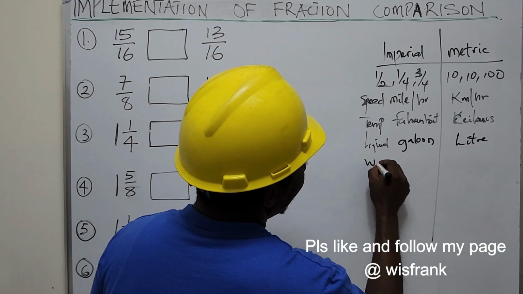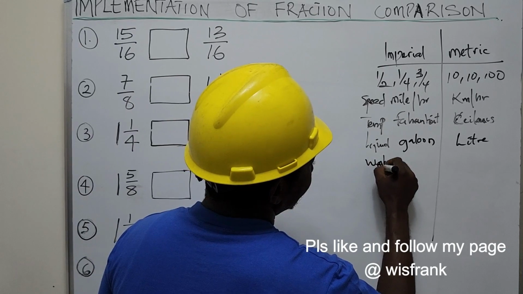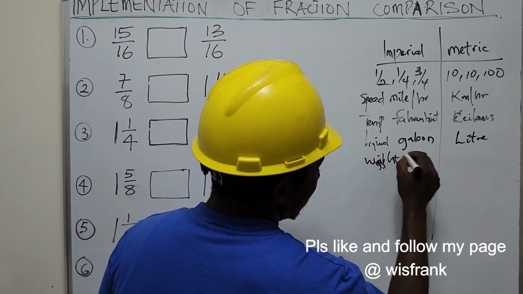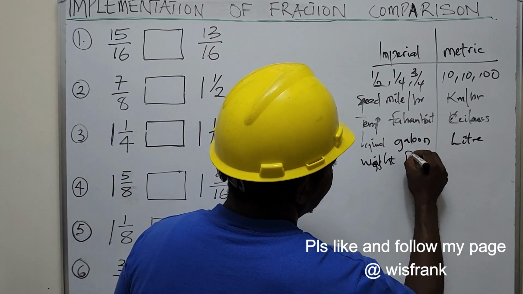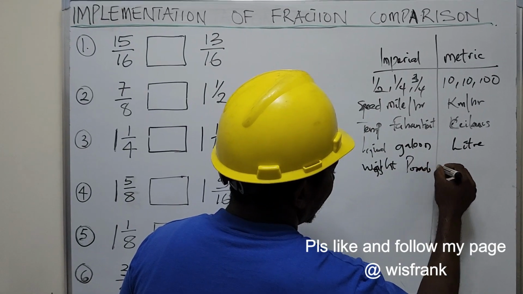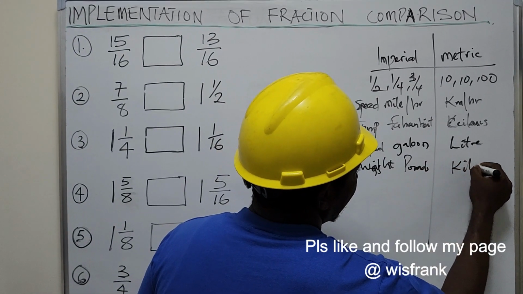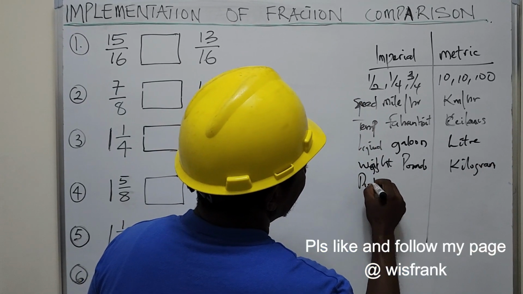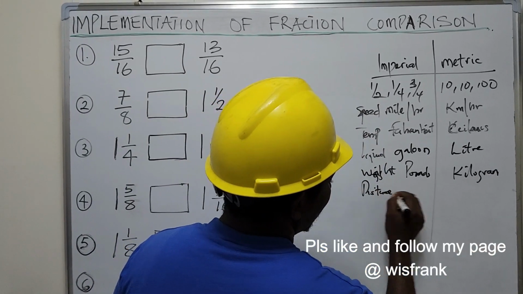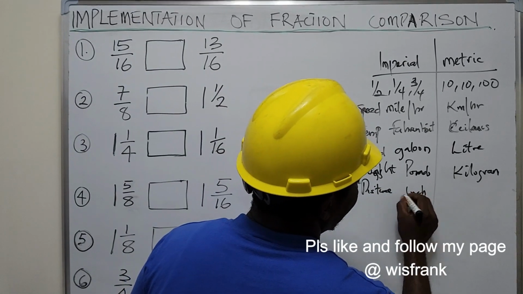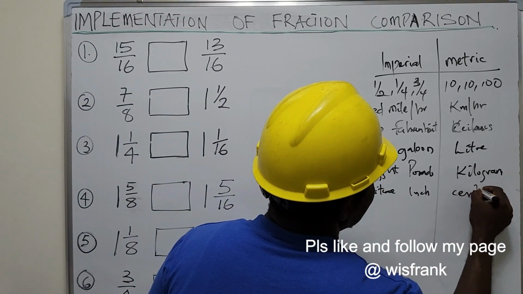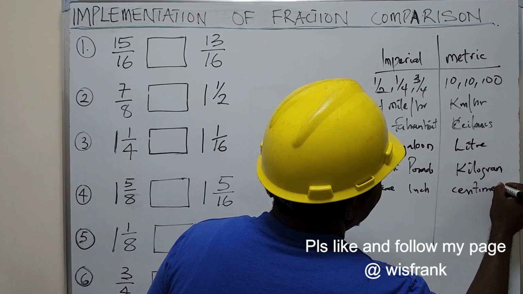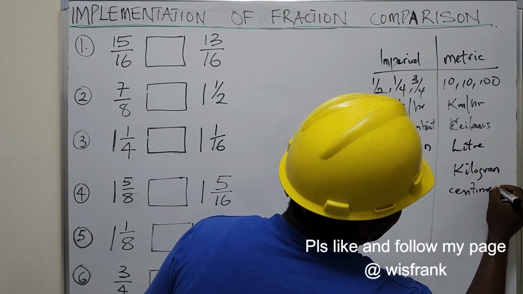Also in weights we have pounds, then kilogram in metrics. Then in distance, we have inches and centimeters in metrics.